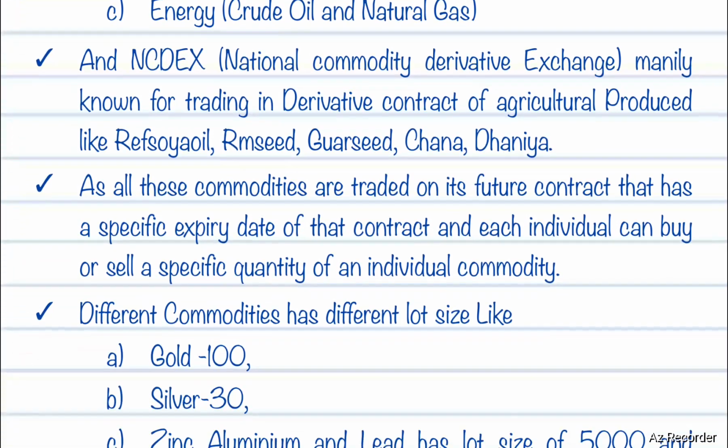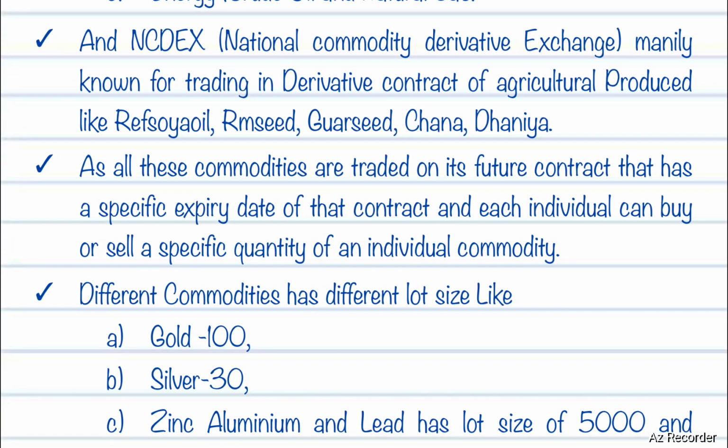And NCDEX, National Commodity and Derivative Exchange, is mainly known for trading in derivative contracts of agricultural produce like refined soya oil, mustard seed, guar seed, chana, dhania.